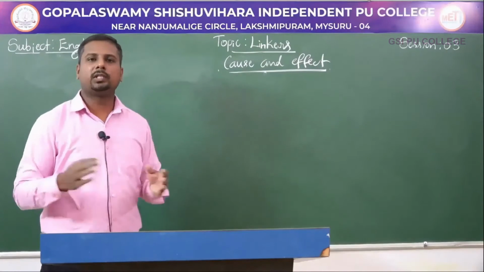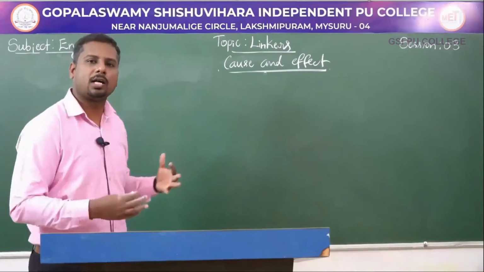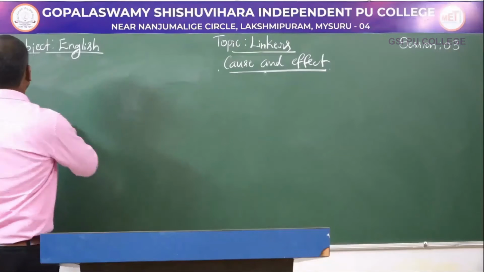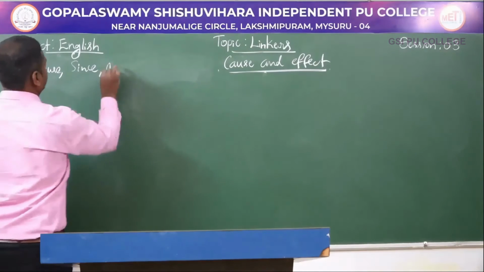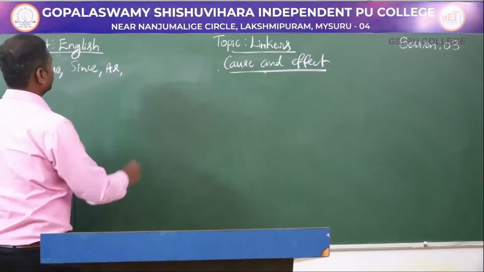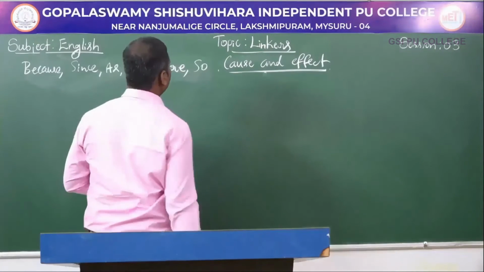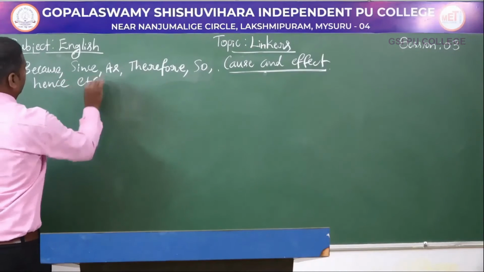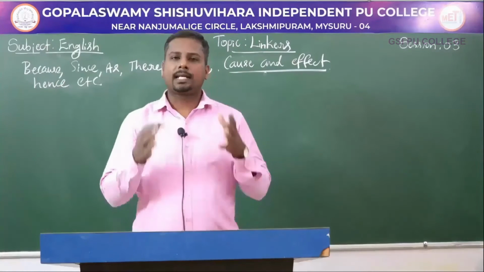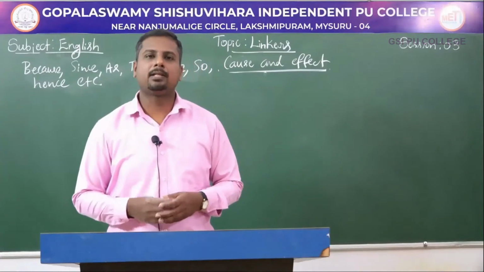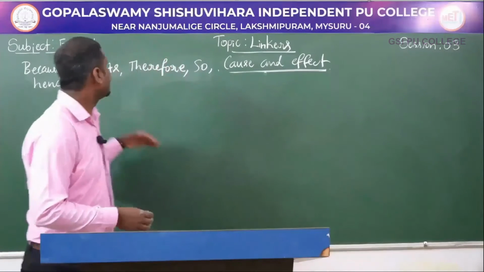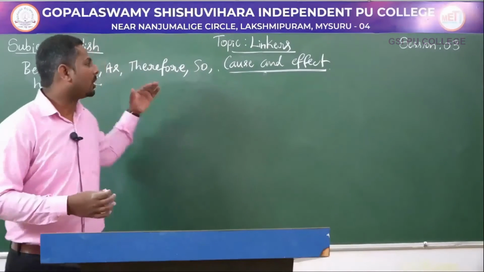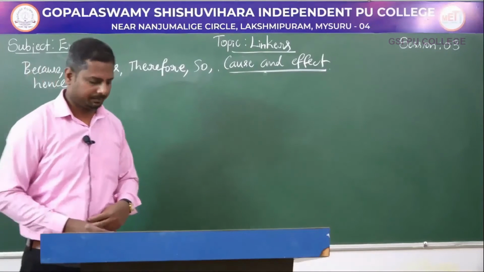As I already told you, there are linkers to express cause and effect such as because, since, as, therefore, so, hence, etc. Now let us see a few sentence examples to understand how these conjunctions show cause and effect.